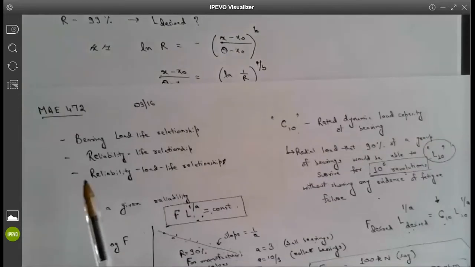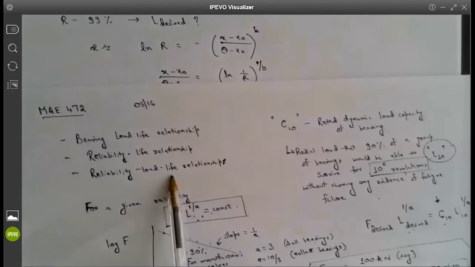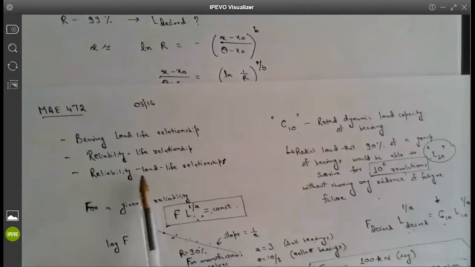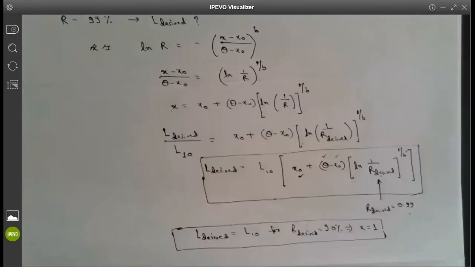What we are now going to see is how all three of them are related to each other: reliability, load, life. For example, if a designer says, I want a reliability of 99% at a given load for a given life, so everything is specified by the designer, how can we combine them together to find C10? Because that is what we actually care for. So let's combine them all together.